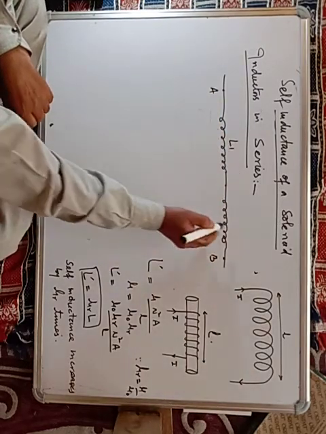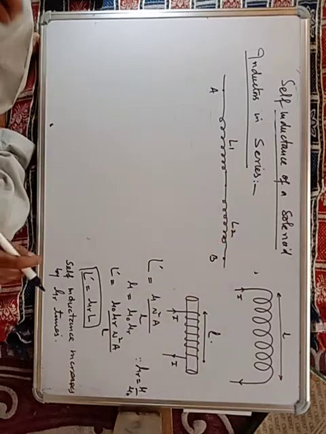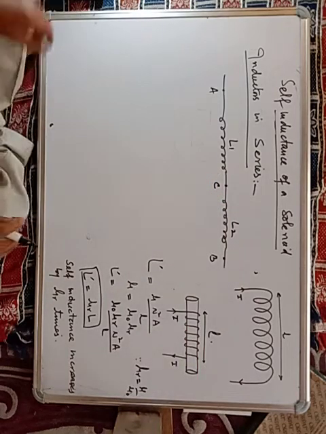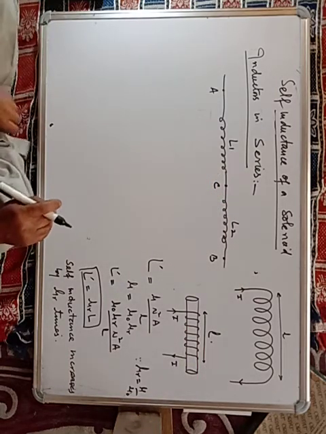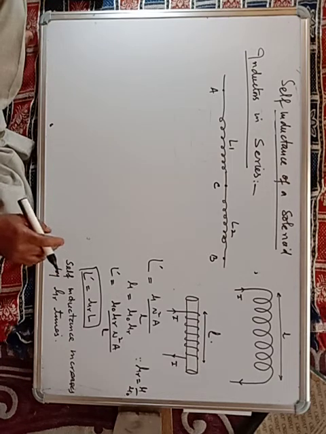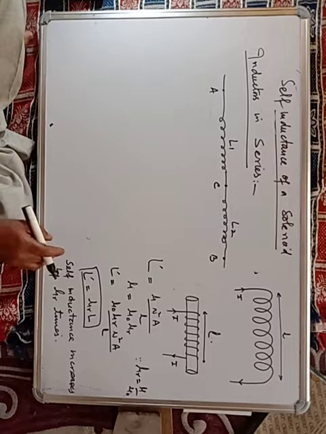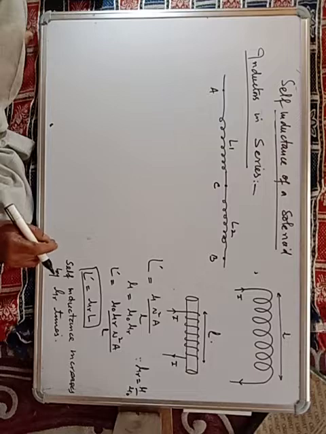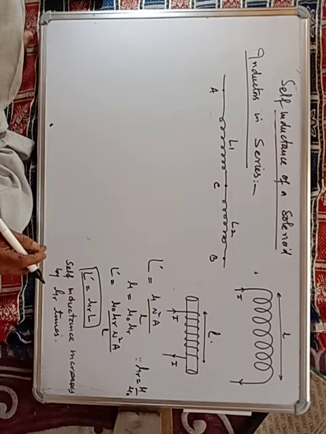Suppose the inductance of this is L1 and of this is L2. When they are connected in series, that means end to end, what will be the total inductance of the combination? So you know, in series what remains the same? It is current. But in parallel combination, EMF remains the same.